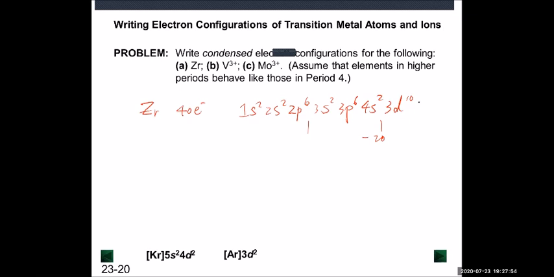After 3d10, it is 4p6. And so after 4p6, there are 4 more electrons. After 4p6, next should be 5s.